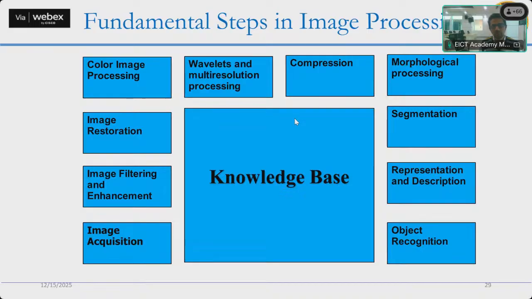For example, if I want to give access to some person by seeing the face, then only this information is required. If the person is in the database, then the gate should open. If not, then the gate shouldn't be opened. So in this operation, remember the input is an image, but the output is different.